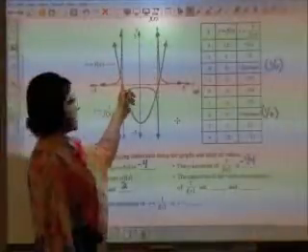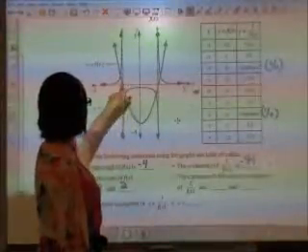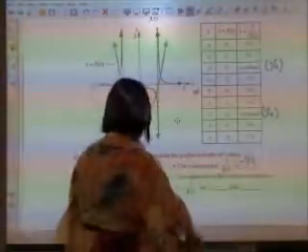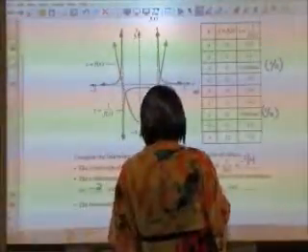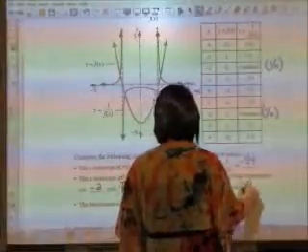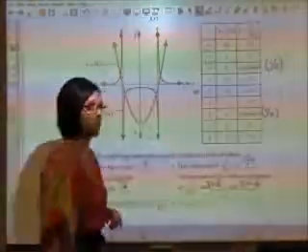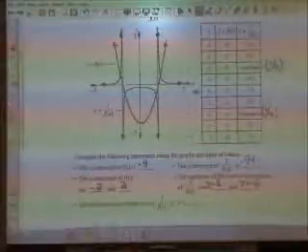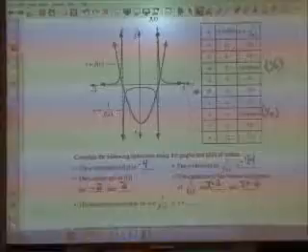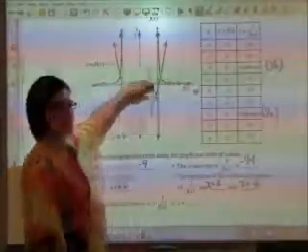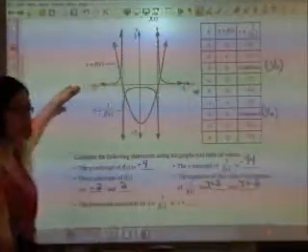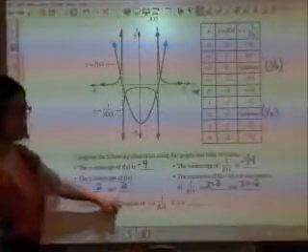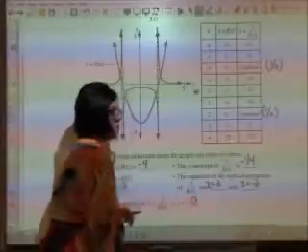Those dotted lines also go through the points of +2 and -2. So the equations of the asymptotes are x equals 2 and x equals -2. And then I have a horizontal asymptote right here. The graph comes close to the x-axis but does not cross over the x-axis. So the equation of that would be y equals 0.